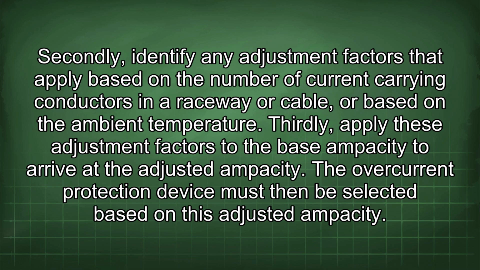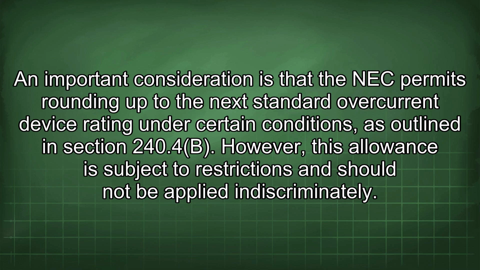The overcurrent protection device must then be selected based on this adjusted ampacity. An important consideration is that the NEC permits rounding up to the next standard overcurrent device rating under certain conditions, as outlined in Section 240.4(B). However, this allowance is subject to restrictions and should not be applied indiscriminately.